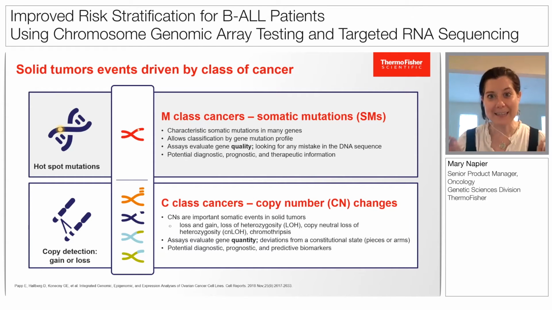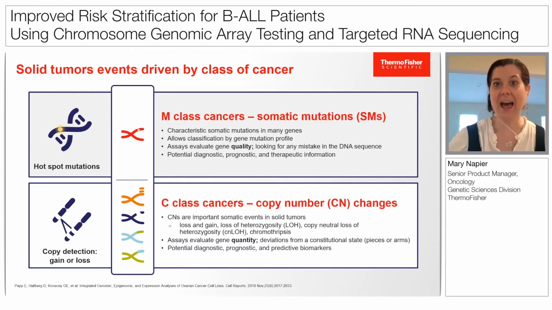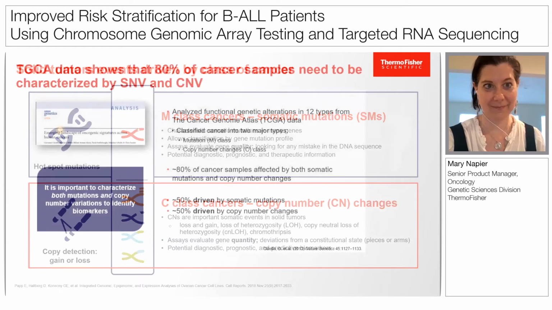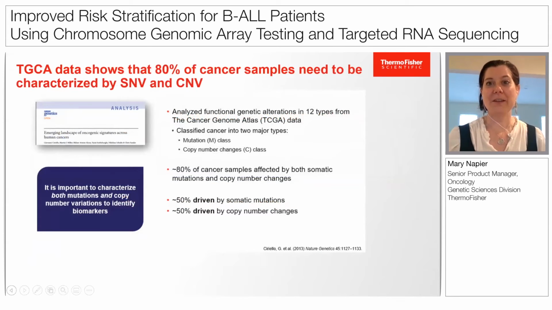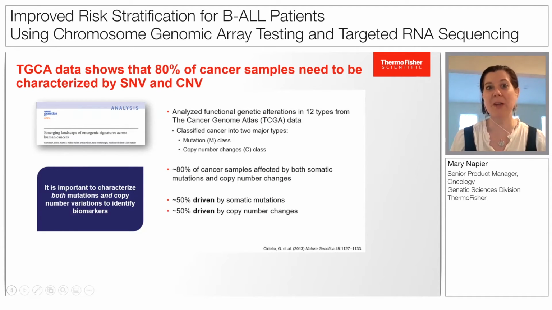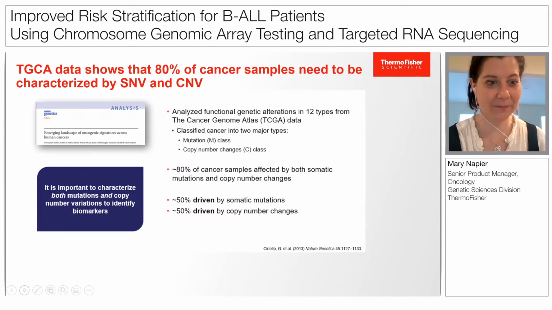So it's these C-class cancers where arrays still have a presence today and can add value to your research. The TCGA data showed that 80% of all cancer samples needed to be characterized by both SNVs and CNVs. So of course, we want to see the full picture.